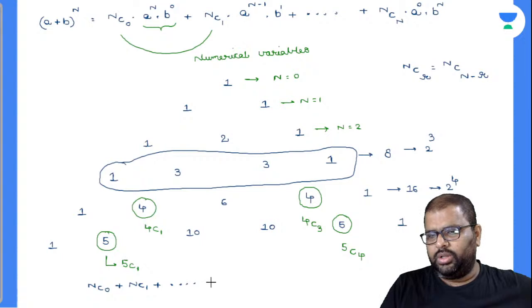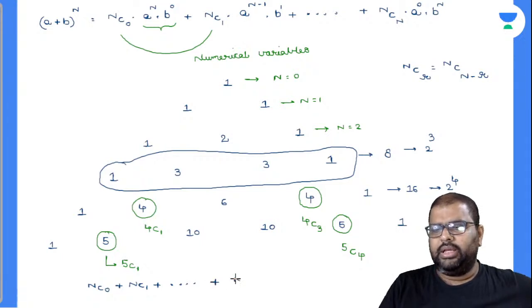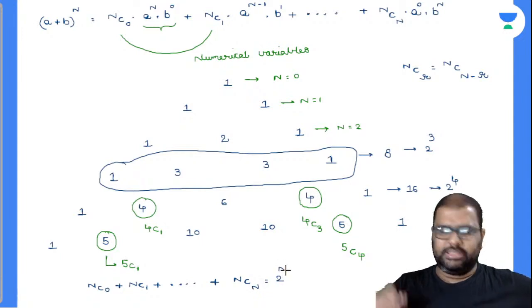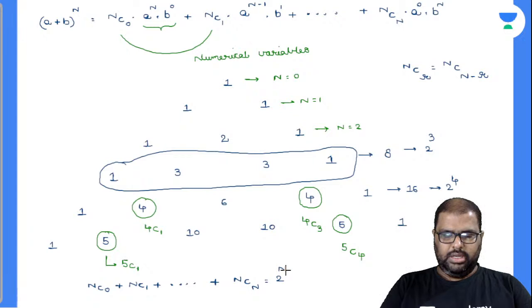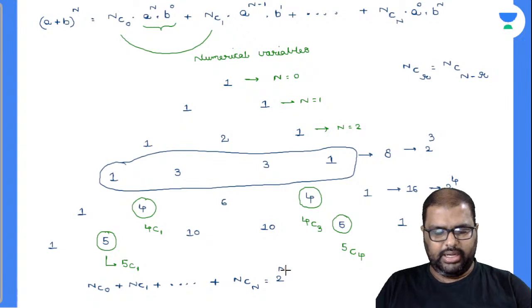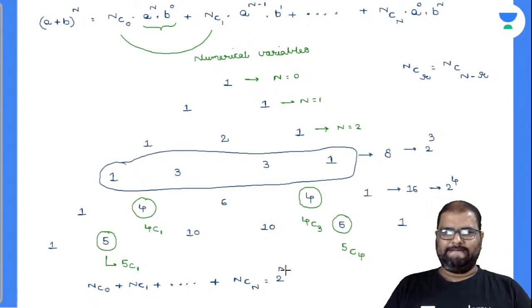If I add all those numerical values up to NCN, it is nothing but equal to 2 to the power of n. This is the binomial theorem expansion. One such extraordinary thing that we can derive from it. If you have gone through your IIT JEE classes, this will be frequently observed, right?